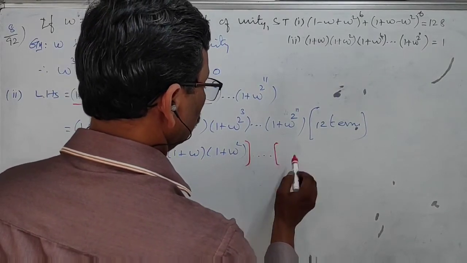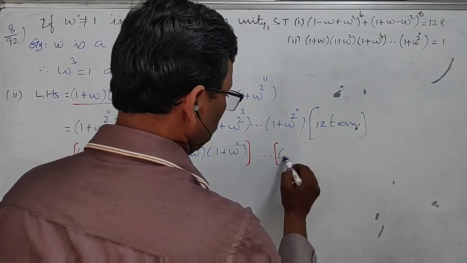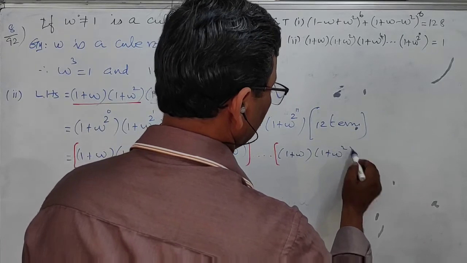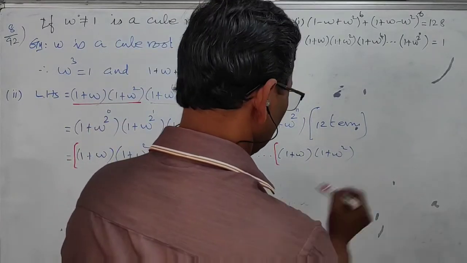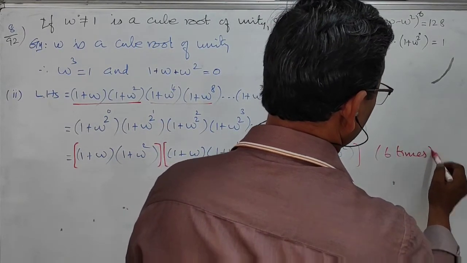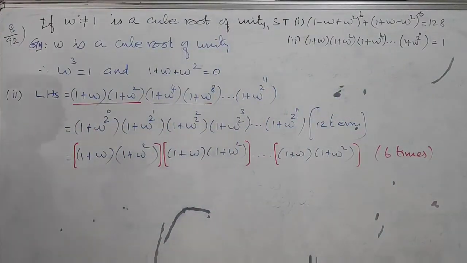Into, etc. Into, you get (1 plus omega) into (1 plus omega square). This is 6 times; the same value is repeating 6 times.